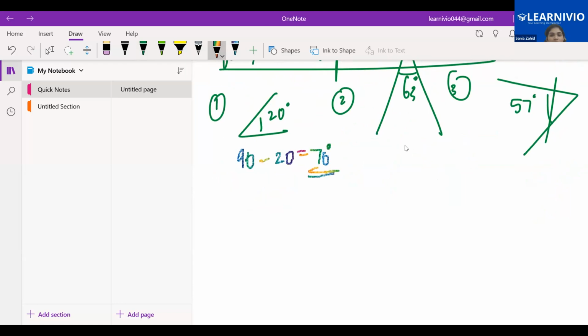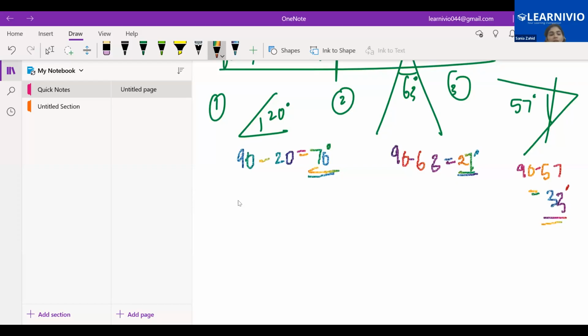The next one is 90 minus 63. What is 90 minus 63? 27. Okay. The last one, 90 minus 57 you will do. What are you getting? 33. Okay. So Manha, are you getting the same answers?